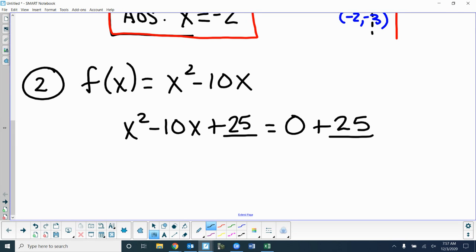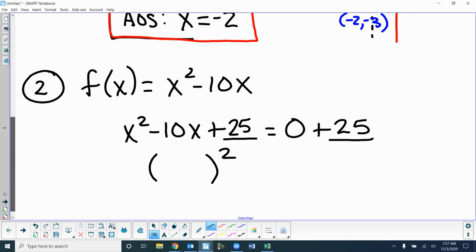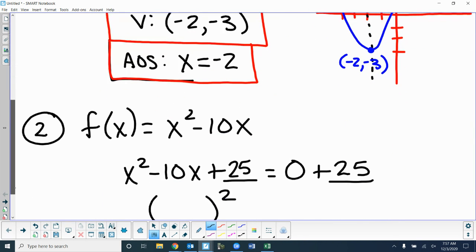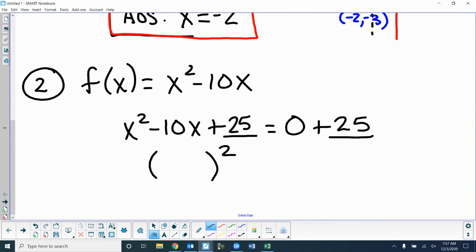Right, Mason? So what goes in my parentheses, Mason? You know, up here, I had this, and I got x plus 2 squared. Now I got this. What do I get in here? Close. Minus. Use the symbol in front of the b.